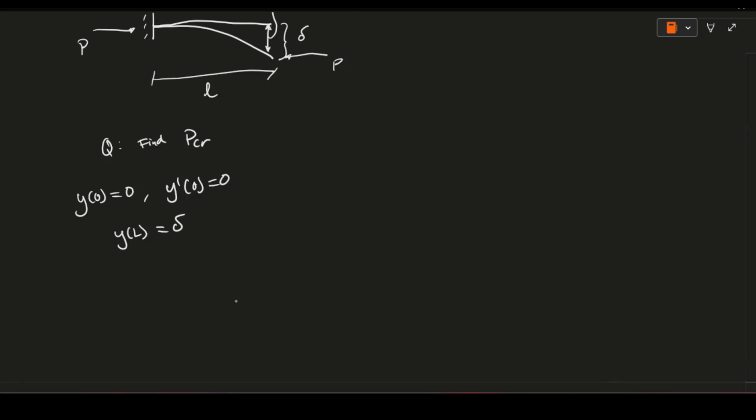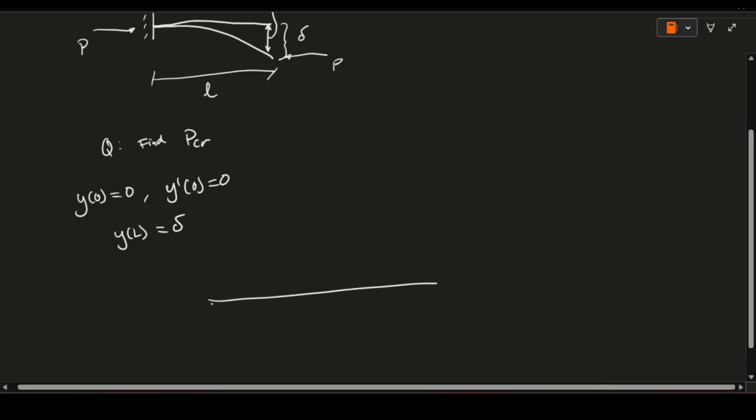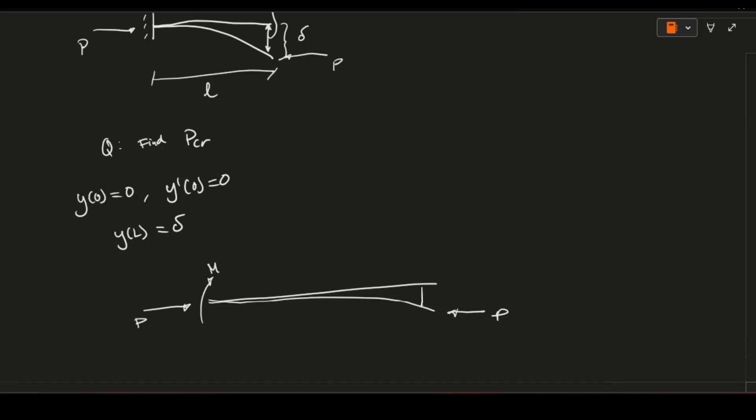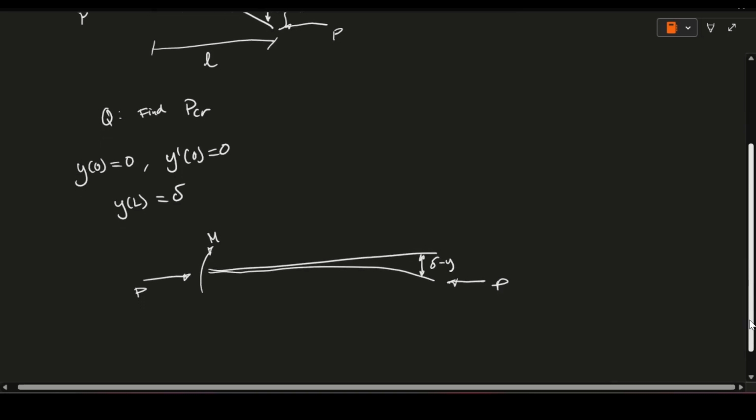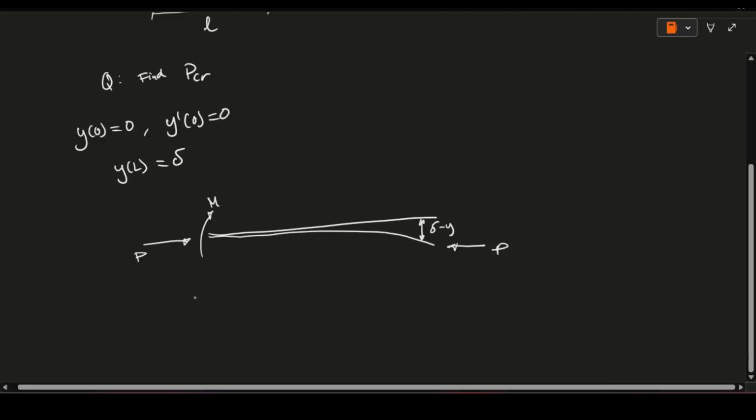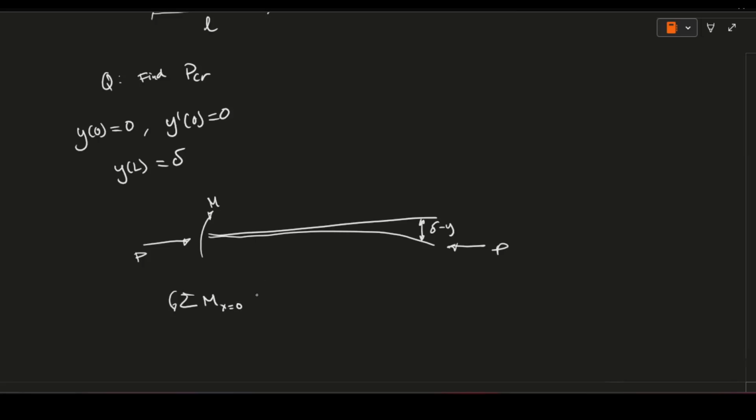If we just draw a free body diagram, we have a moment, and this P, and we have this P down here. This is just delta minus y. So if you take the sum of moments at x equals 0, this should be equal to 0.